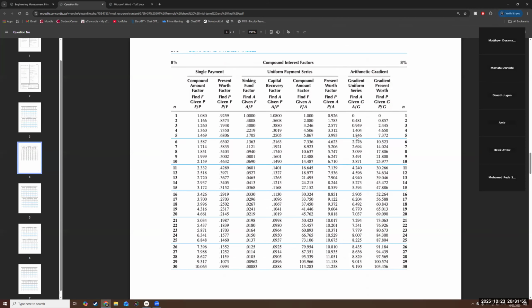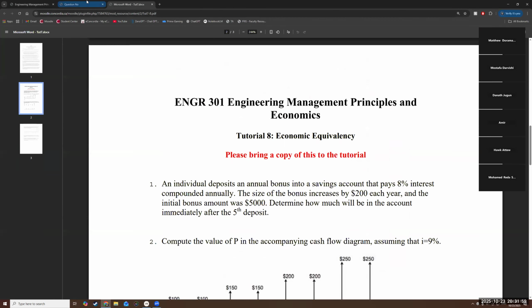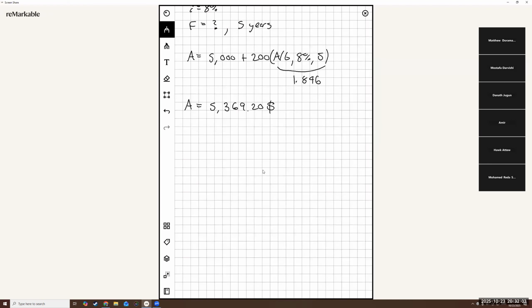Okay. Now we need a future worth, right? So we can say that the future value or future worth, we'll call it, is this $5,369.20 if we were to turn it into an F value, again for 5 years.